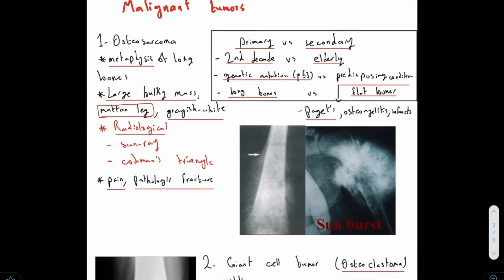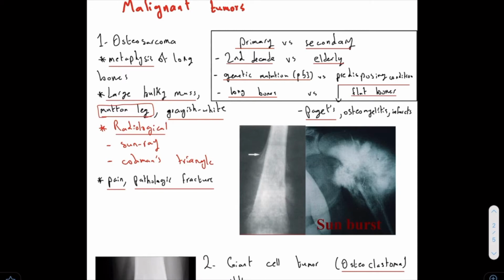So secondary osteosarcoma is usually in adults, and it's due to a predisposing condition, which most commonly they would say Paget. So in the question they would describe for you a Paget's patient, and then the question would be like, which complication would you expect here? And the answer would be osteosarcoma, okay?